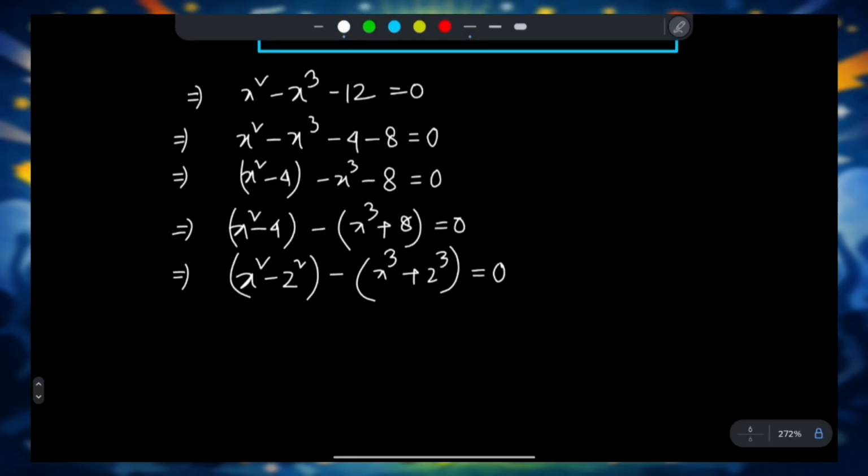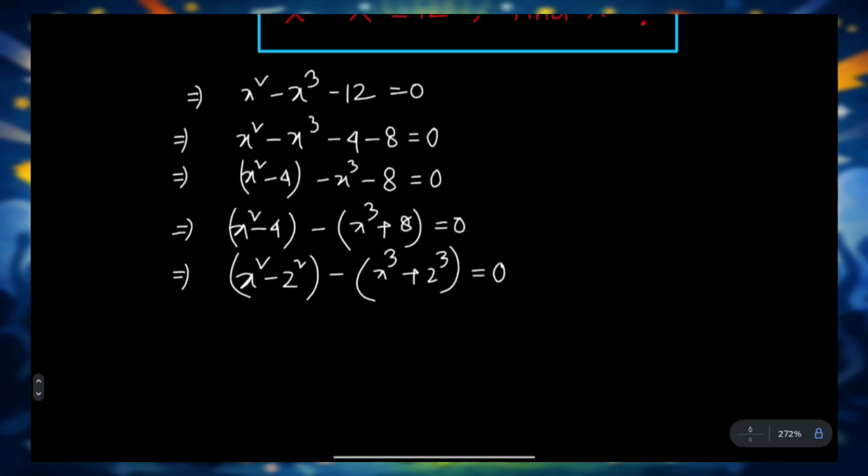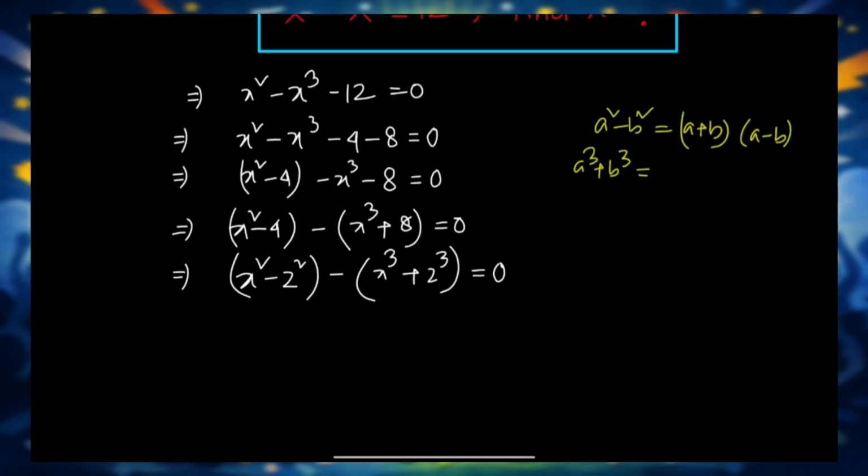We know that a square minus b square equals a plus b into a minus b, and a cube plus b cube can be written as a plus b into a square minus ab plus b square.